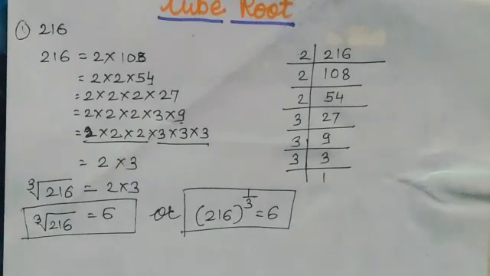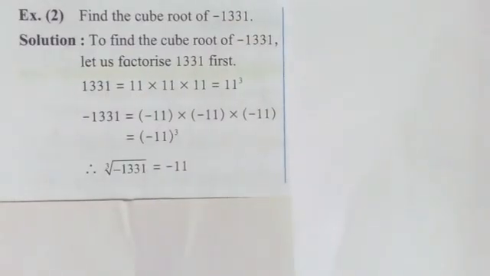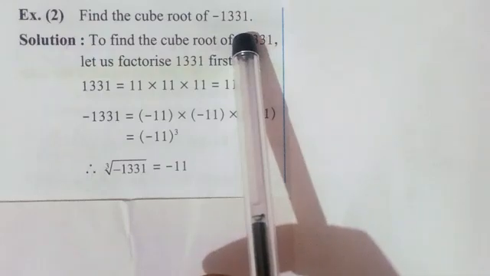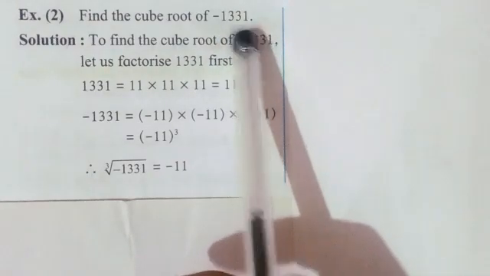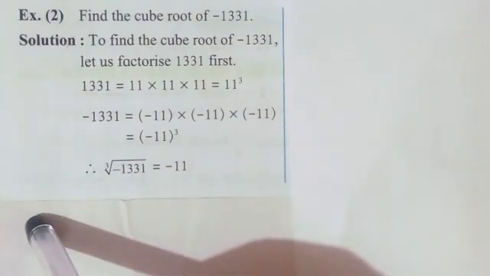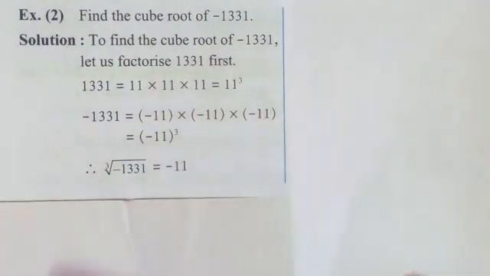Let's take more examples. Let's check another example which is given in the textbook on page number 18. Here we have to find the cube root of a negative number, that is negative 1331. While solving this type of sum, we have to ignore the negative symbol for a little bit.